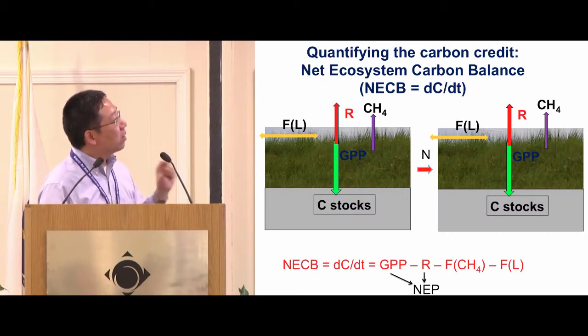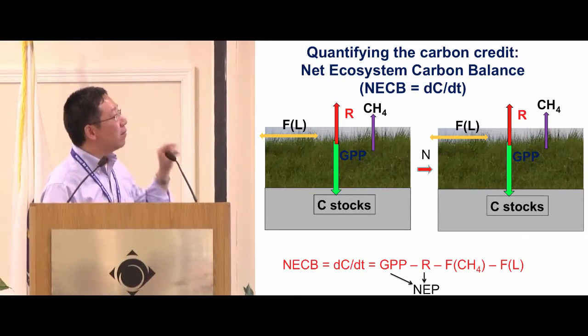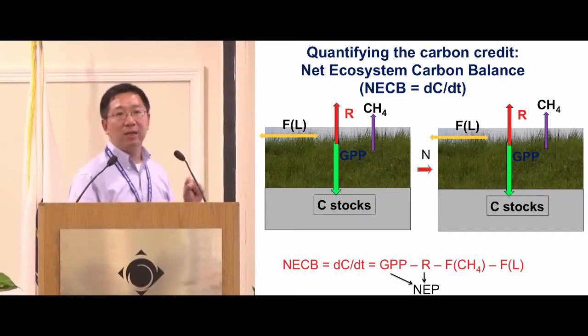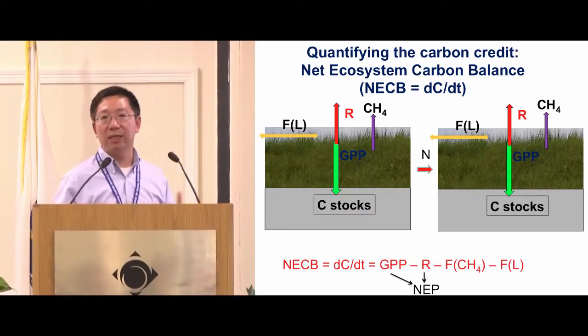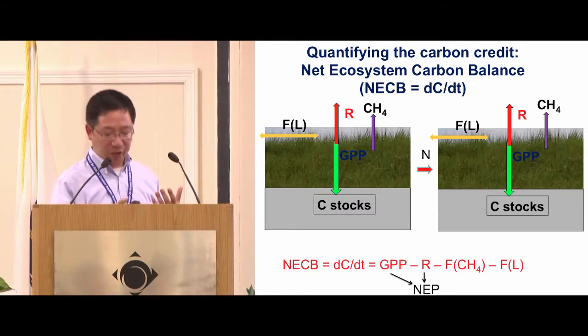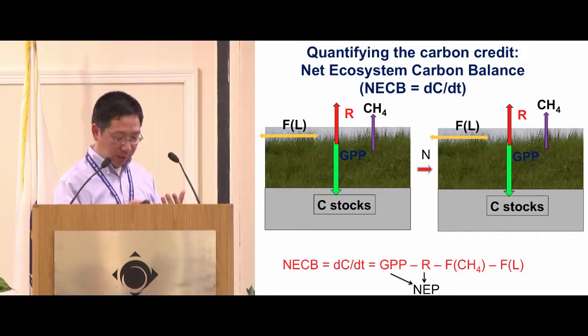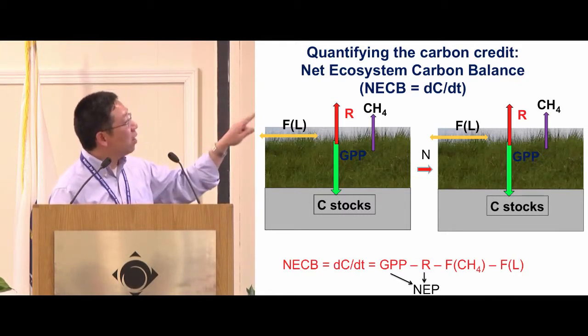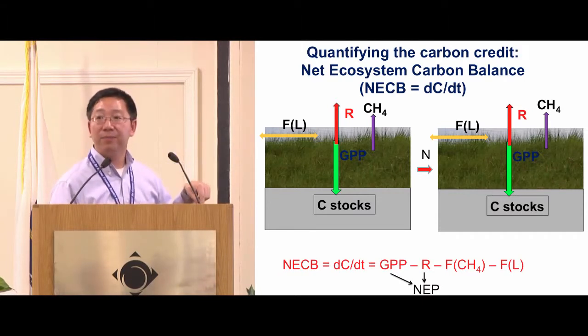The idea is to really understand the net carbon balance, because carbon is dynamically changing. It's not a one-direction change. It's a dynamic change, involving vertical in and out.